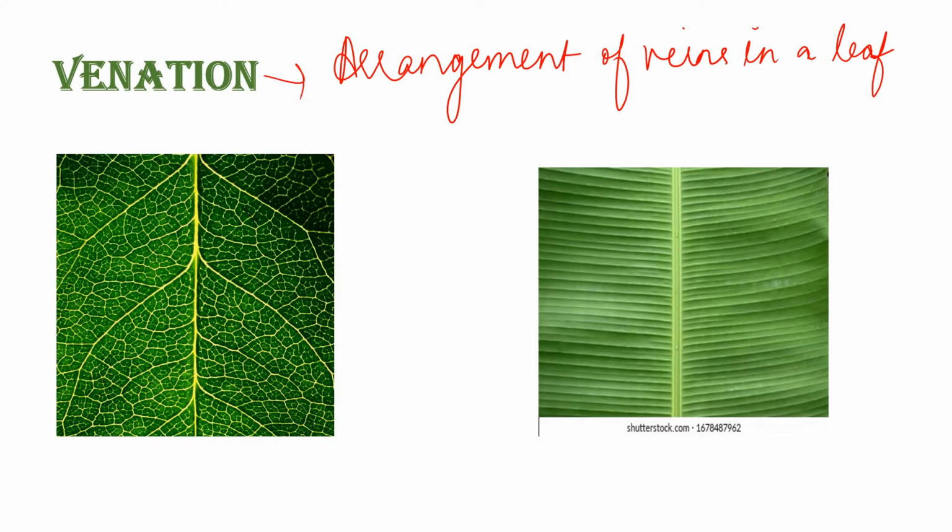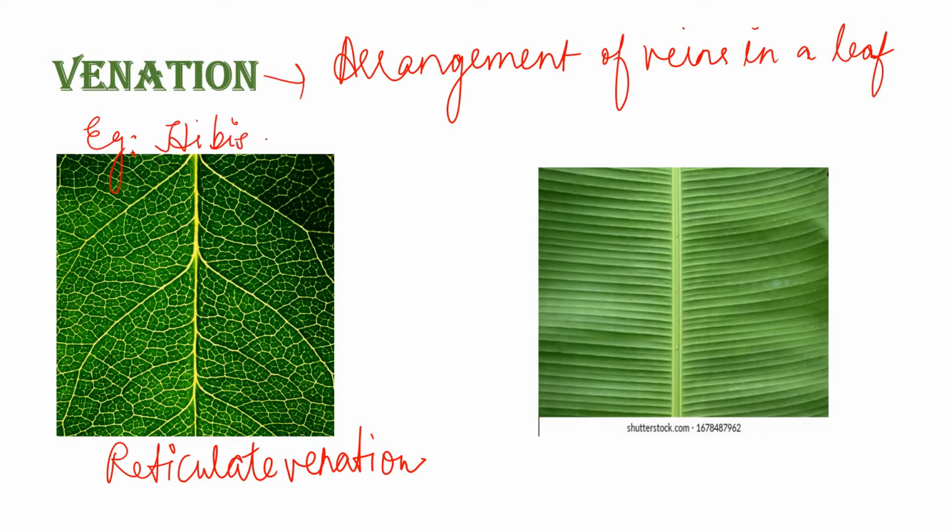Whenever the veins are arranged in a leaf in a net-like pattern, that is called reticulate venation. That is called what? Reticulate venation. For example, we can take the leaf of a hibiscus plant.